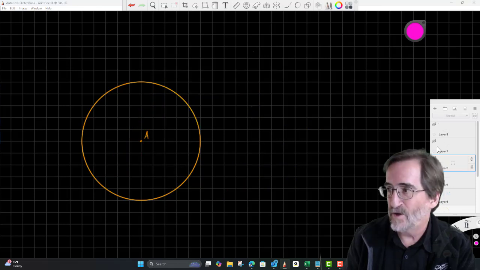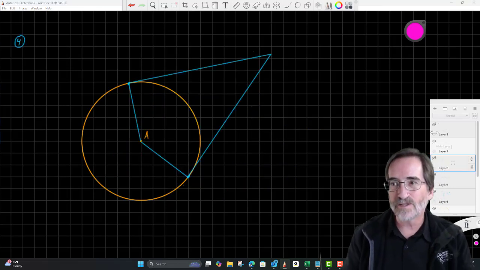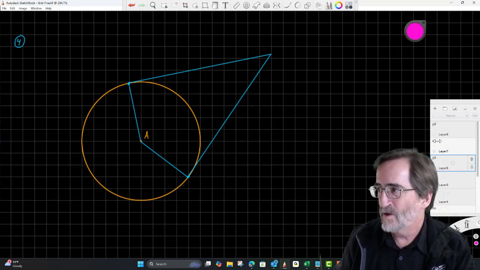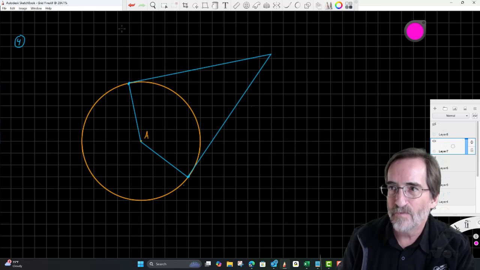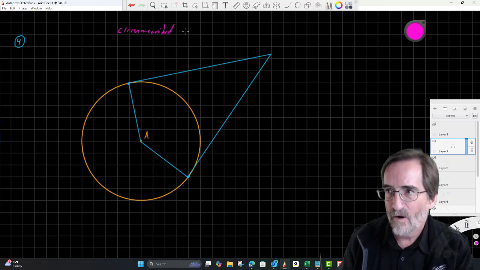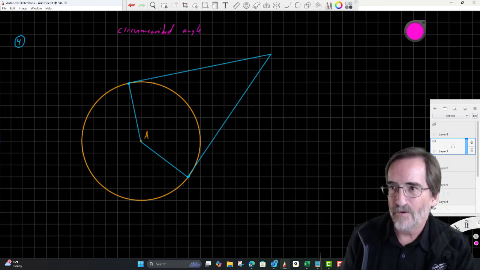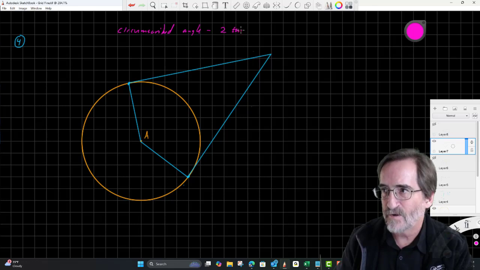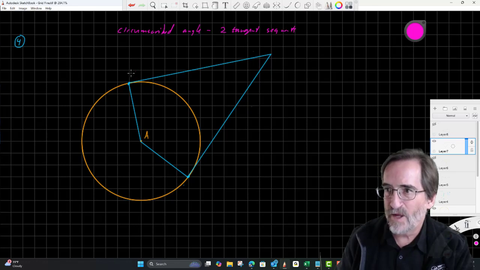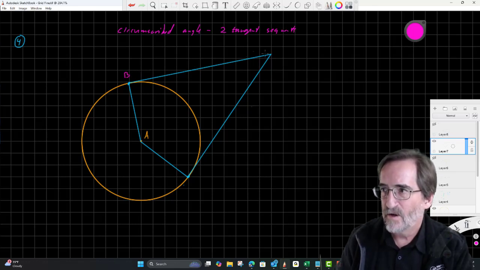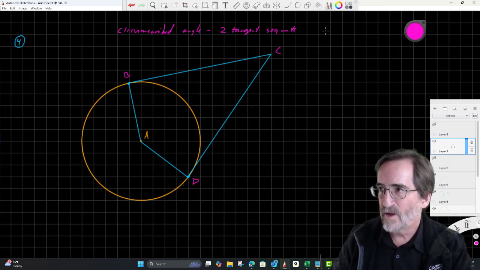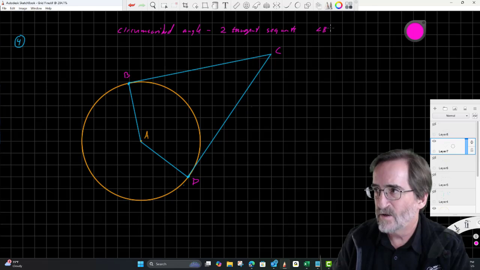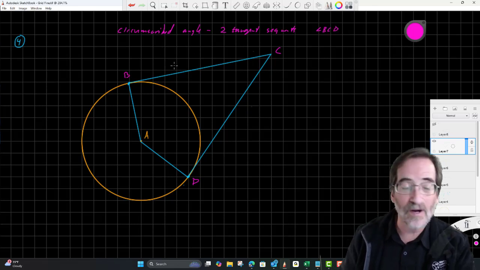They've got a lot of cases in this unit. Okay, case number 4, this is what's known as a circumscribed angle. Remember, circumscribed means to draw around. A circumscribed angle is made up of two tangent segments. Let me label this B and C and D. So angle BCD is a circumscribed angle.